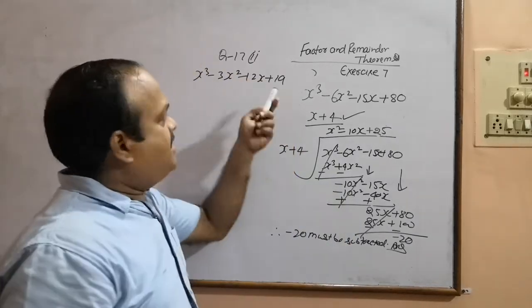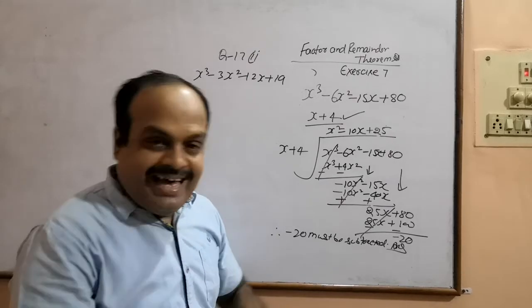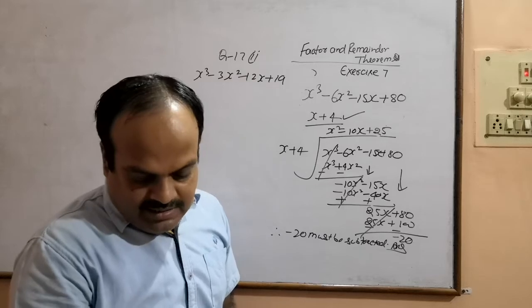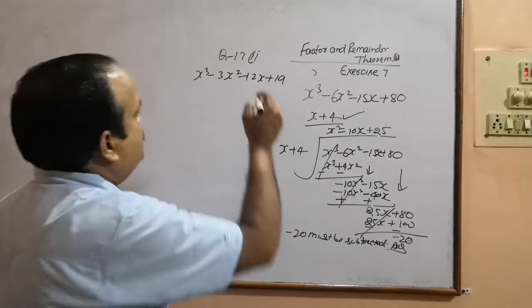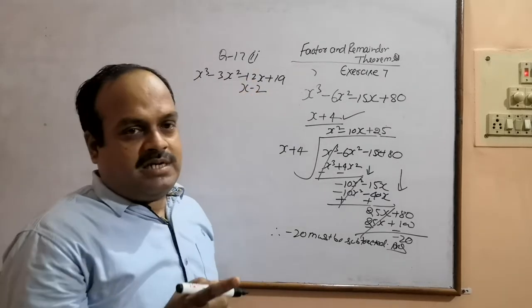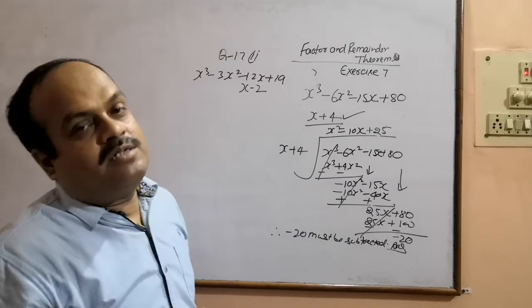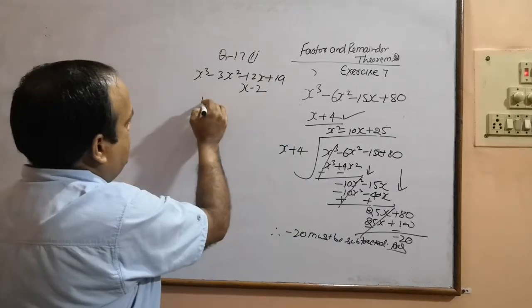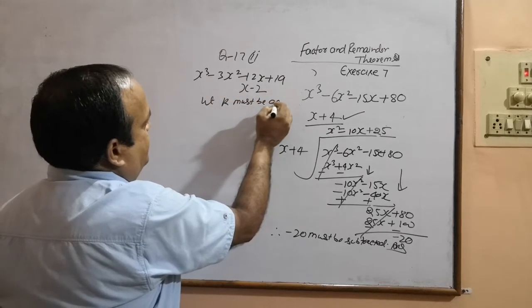Second part, what must be added so that the result is exactly divisible by x minus 2. So the best method, easiest method is not this one, is the first what I did. Let k must be added.